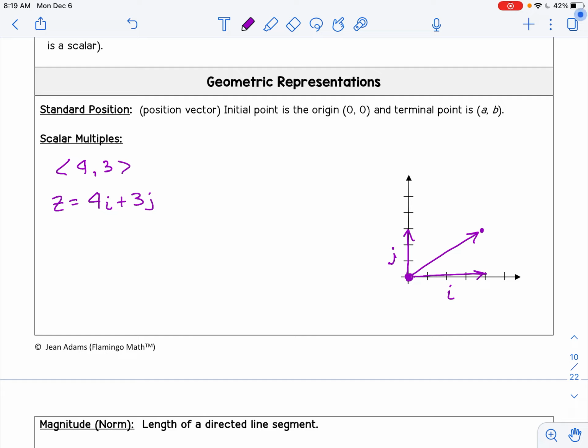And just a reminder here that i represents the horizontal component, and again, this factors into physics if you've had it, horizontal component. And little j is the vertical component.